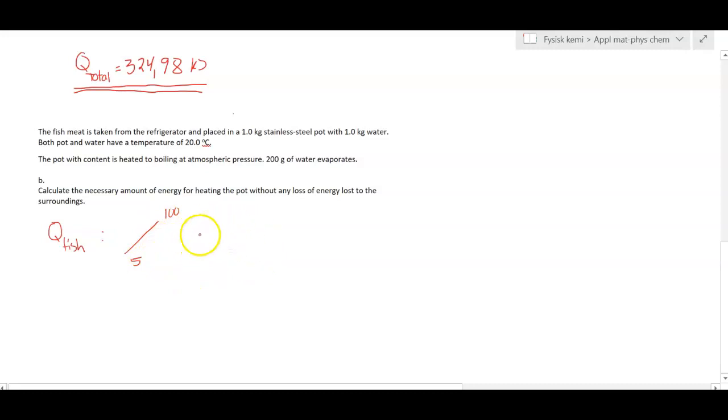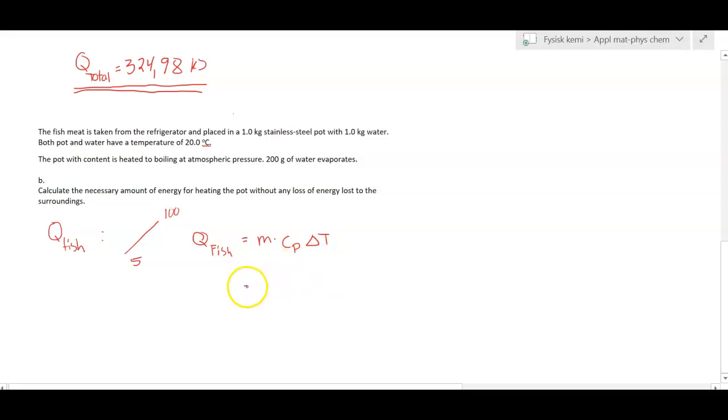That means that Q fish equals the mass of the fish times the heat capacity of the fish times the temperature change.